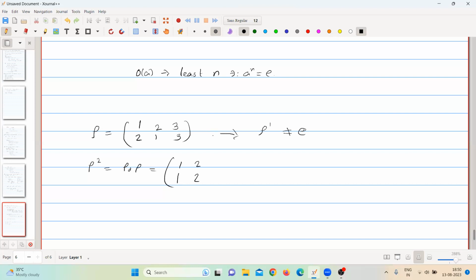This composition is just like the usual function composition. And 3 goes to 3, again 3 goes to 3. So this is our identity in S3. So rho square is identity. That implies 2 is the smallest value such that rho square is identity, so 2 is the order of rho.